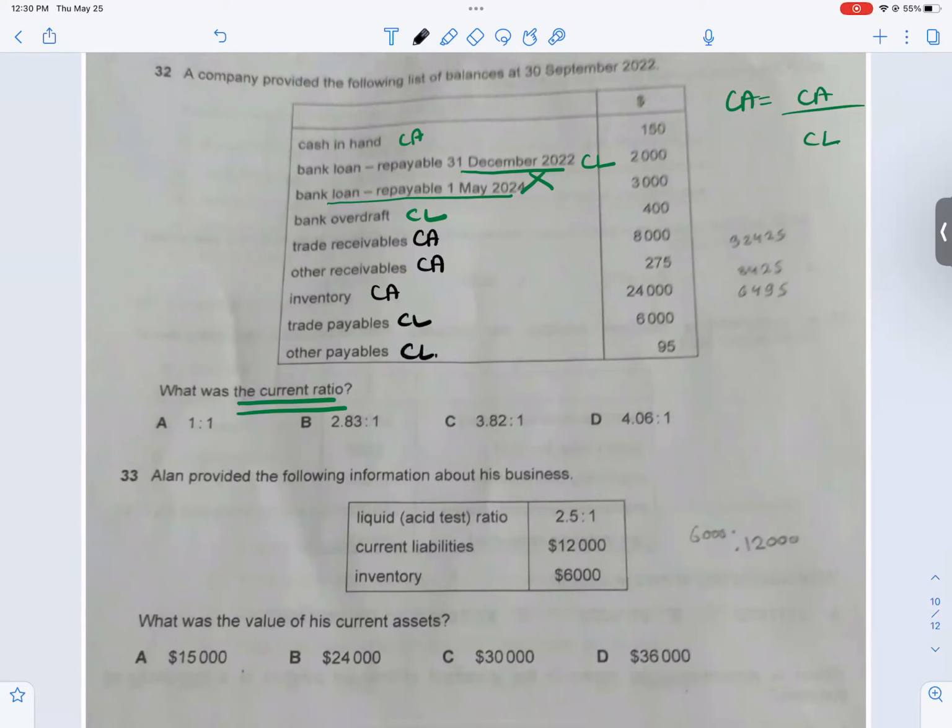So I'll add all the current assets and subtract the current liabilities now. 2,000 plus 400. Current asset is plus 8,000 plus 275 plus 24,000 minus 6,000 minus 95.